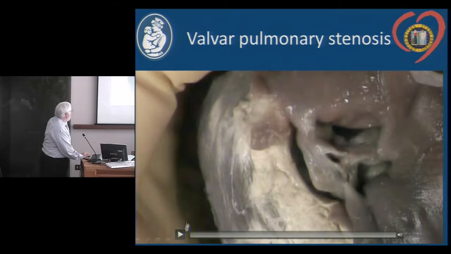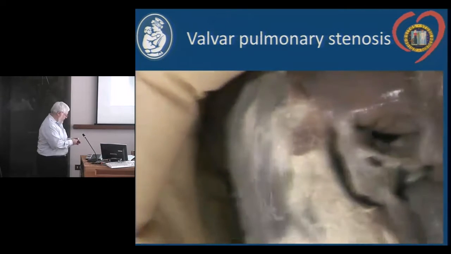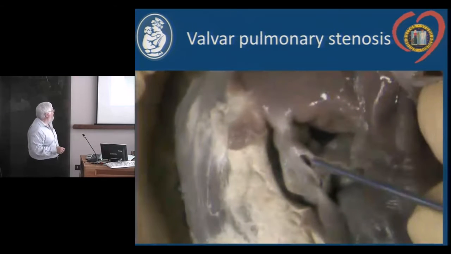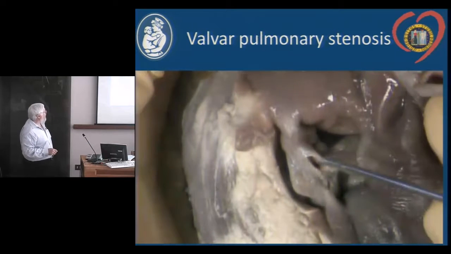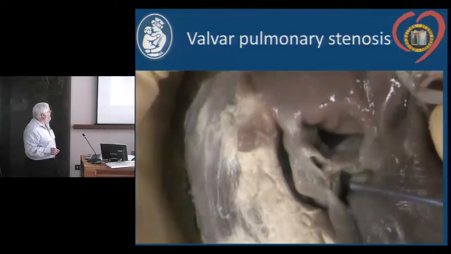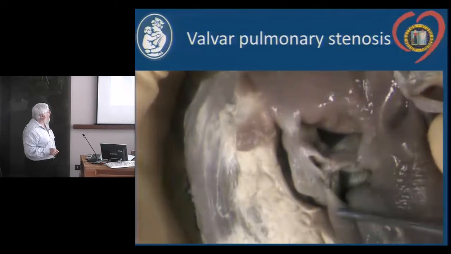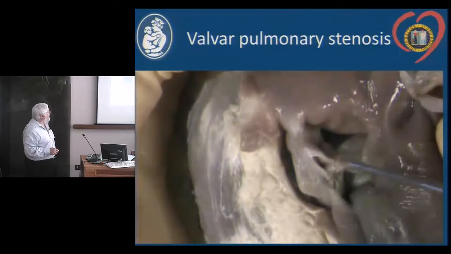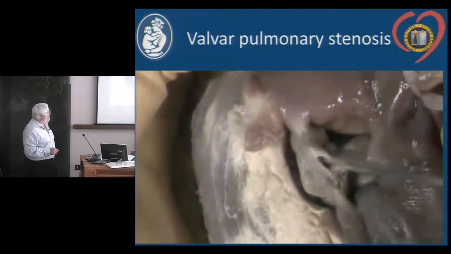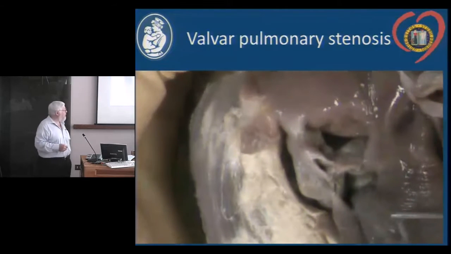Here's an older patient. This is a teenager with severe valvar pulmonary stenosis, and here we see the same kind of valve. You see there's a central orifice here and a solid leaflet all the way around. There's one raphe here, one there, and one up here where commissure should be but never developed in the valve.